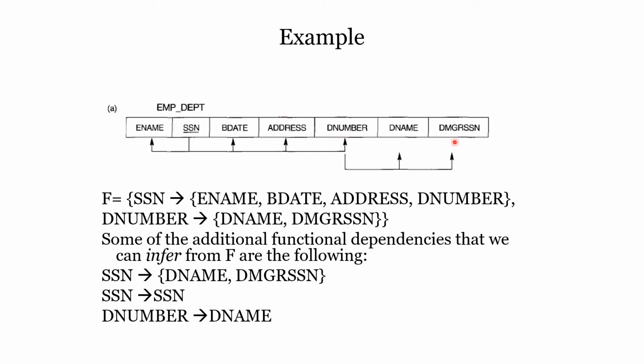The rest of the data is related with the department number, which is the primary key for the department table. So some of the additional functional dependencies that we can infer from F are the following. SSN number is determining these two. Then SSN number is determining itself. Then D number is determining D name.